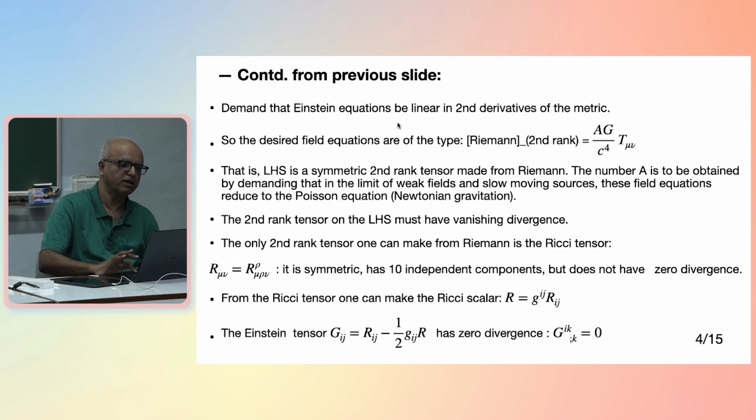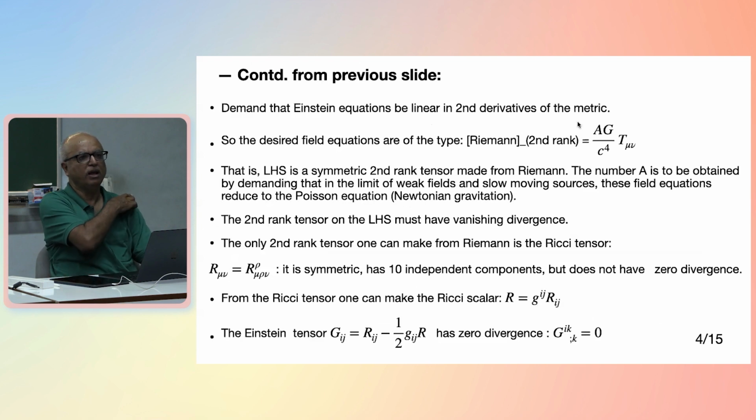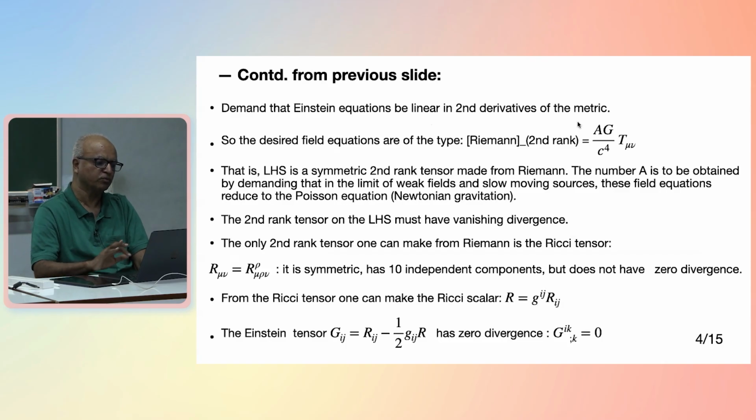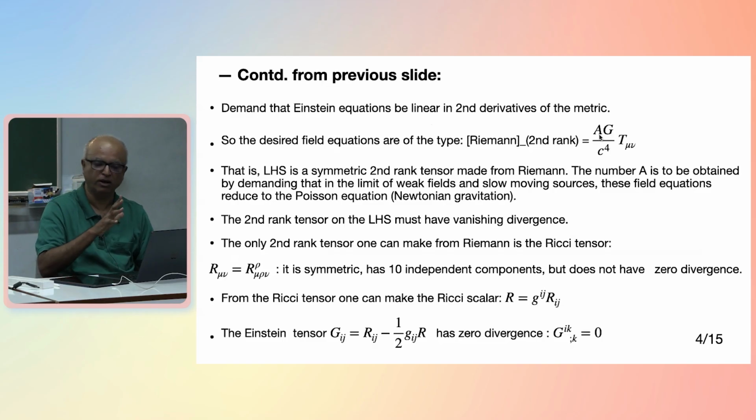Demand that the Einstein equations be linear in the second derivative. This is the demand, and if the left hand side is to be made from the Riemann tensor, it will naturally come about. So the desired field equations are of the type: a second rank tensor made from the Riemann tensor equals a coupling constant, G by c^4 times some number A, times T_mu nu.